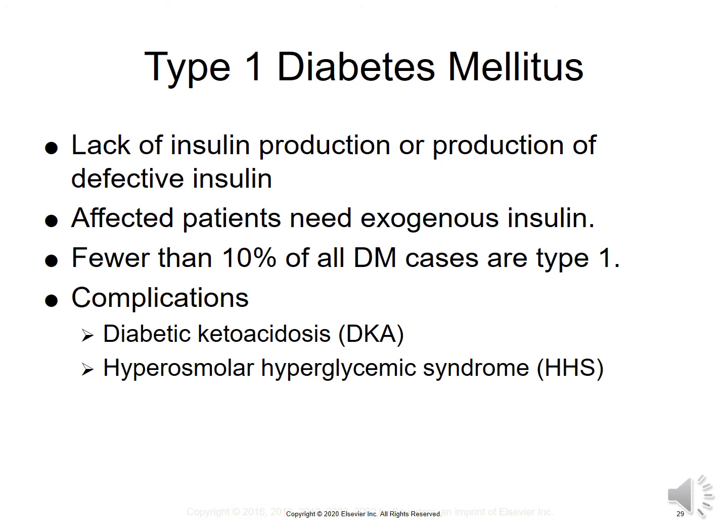Type 1 diabetes. There is a total lack of insulin production in type 1 diabetes. So they are prone to diabetic ketoacidosis. They list HHS here as well, but it is actually more likely to happen with type 2 diabetics.